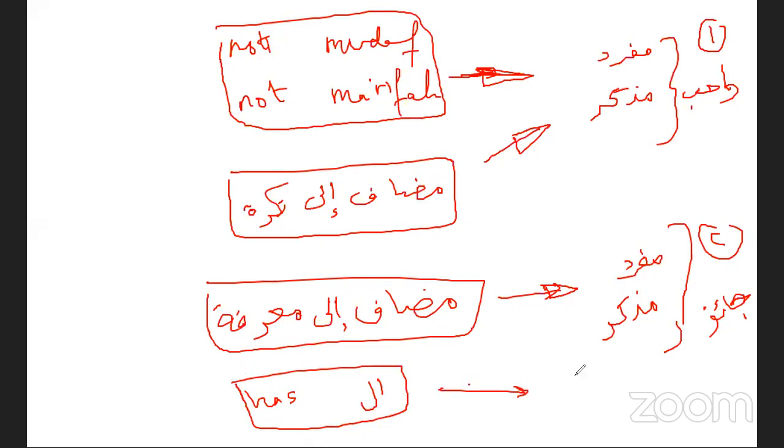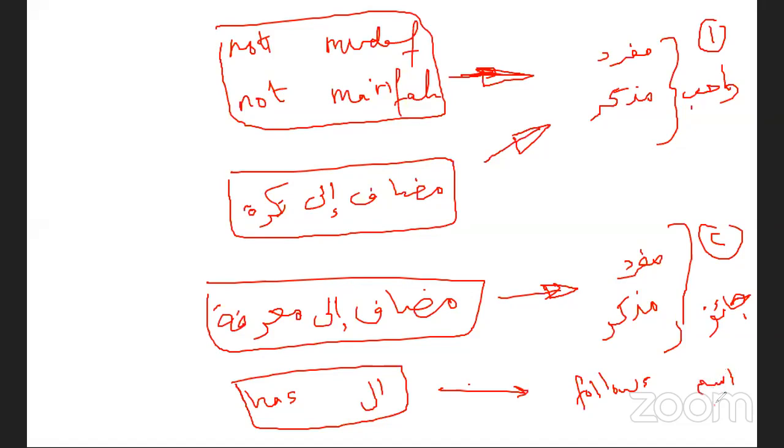In that situation, it has no choice but to follow al-ism al-mufaddal, the thing that is being compared to. If that is jam', then the ism al-tafdil has to be jam'. If that's mu'annath, then this one has to be mu'annath. So it follows the ism al-mufaddal.